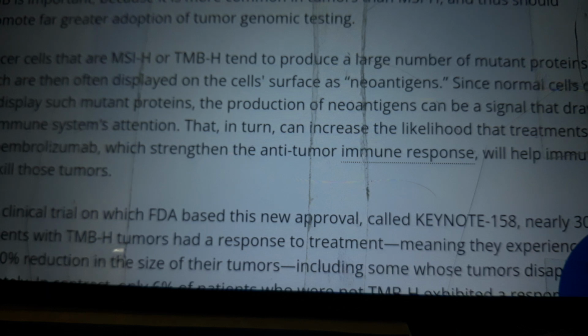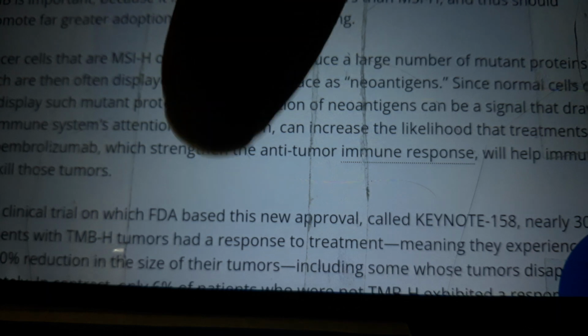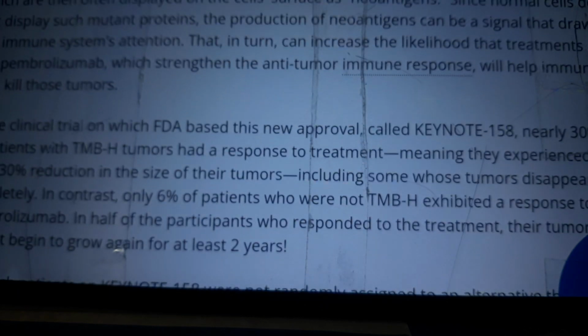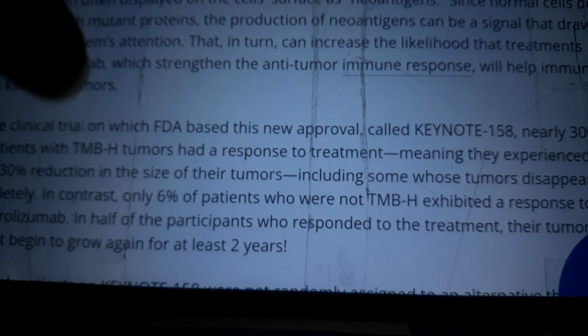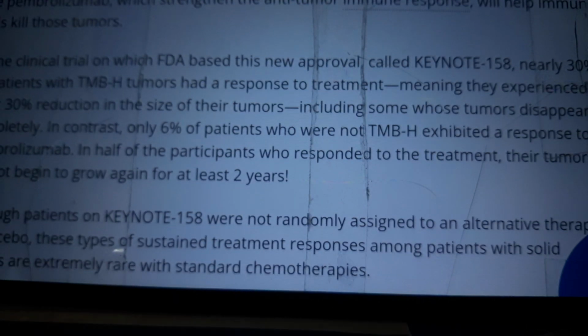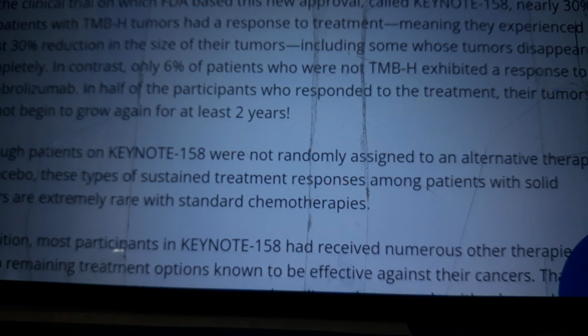Since normal cells do not display such mutant proteins, the production of neoantigens can be a signal that draws the immune system's attention. That in turn can increase the likelihood that treatments like pembrolizumab, which strengthen the anti-tumor immune response, will help immune cells kill those tumors.